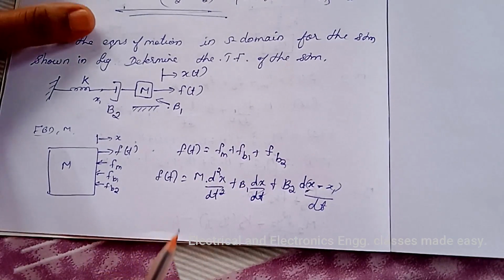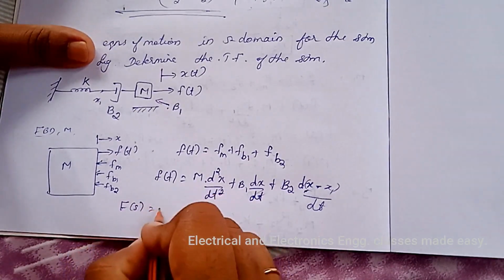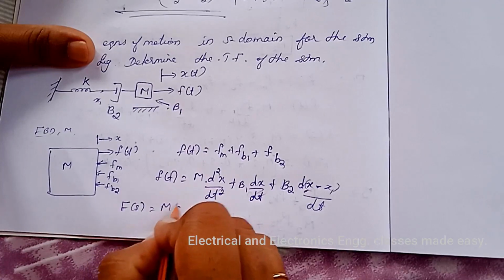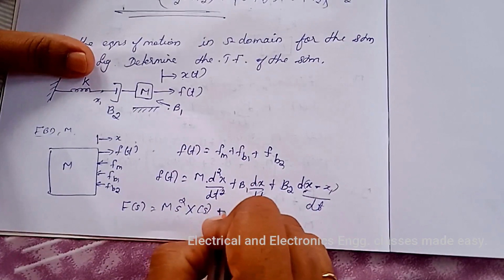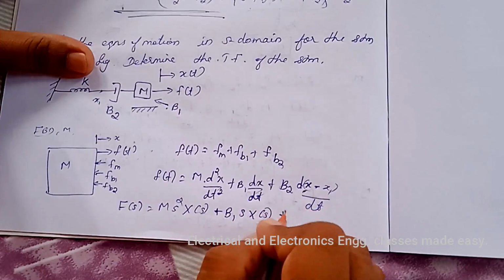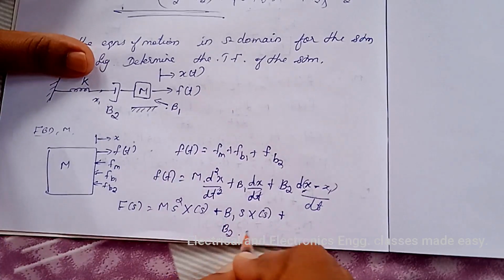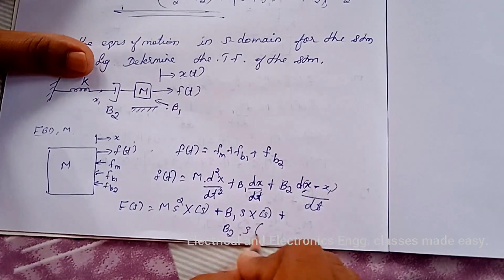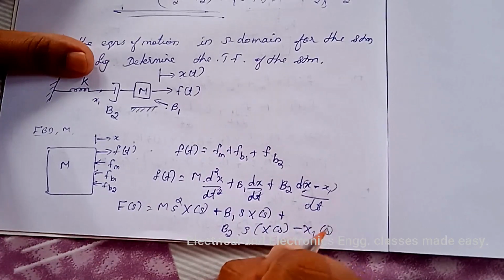Now taking the Laplace transform, f of s is equal to m into s square x of s plus b1 into s x of s plus b2 into s x of s minus x1 of s.